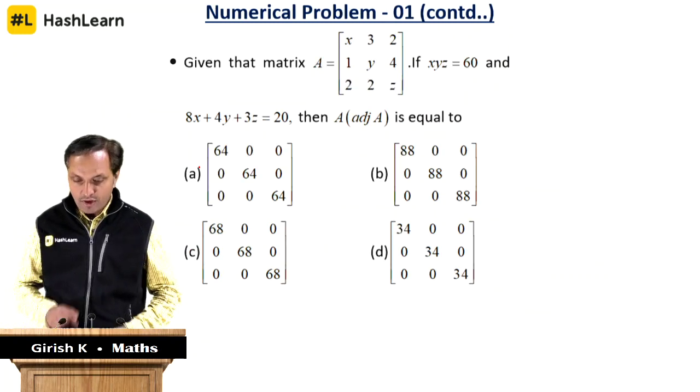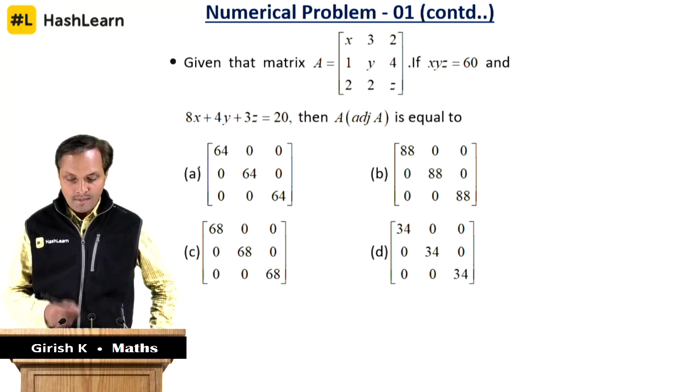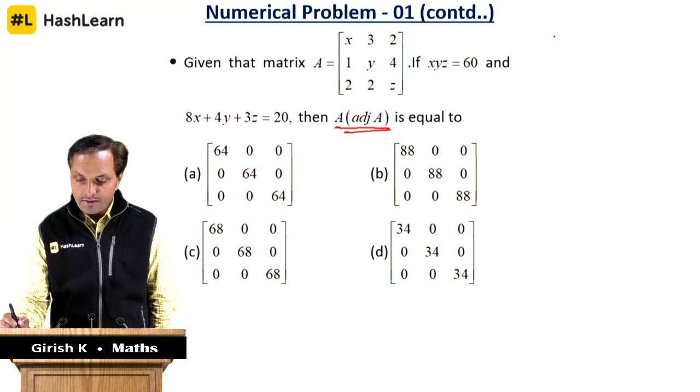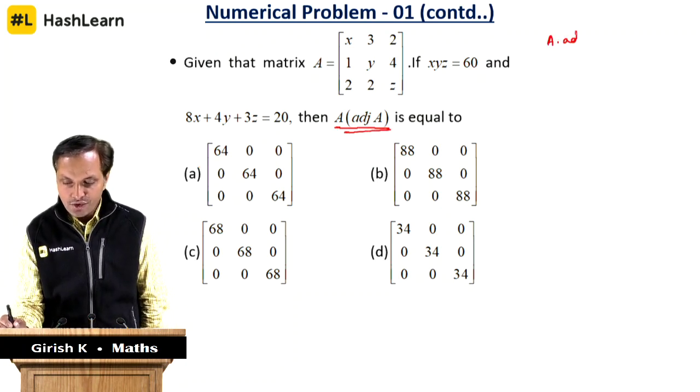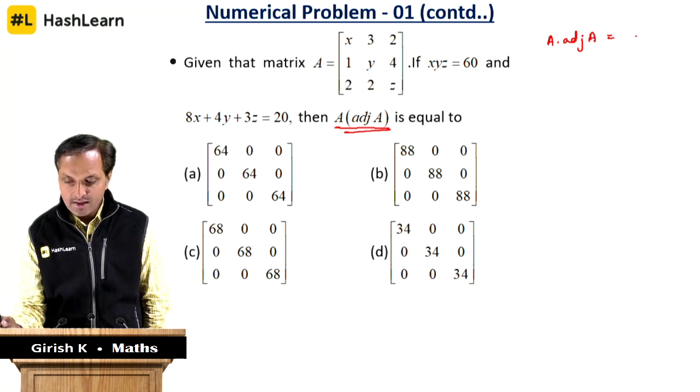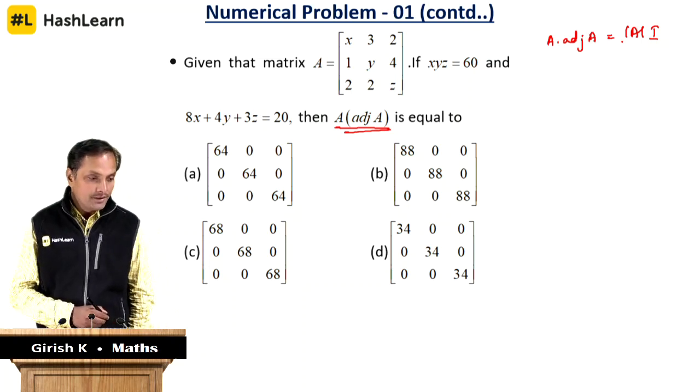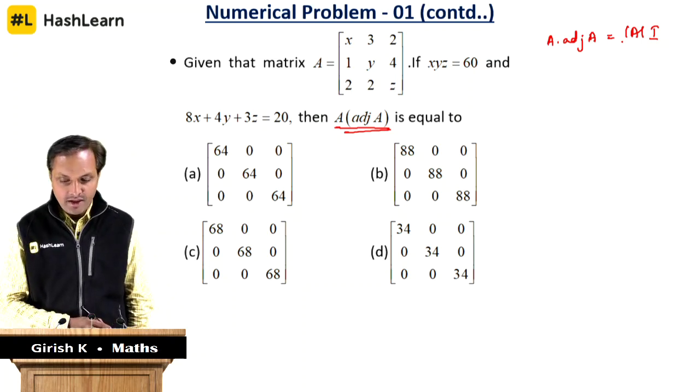Let's see what the option is. See, you know the simple rule which I have given in the last class. A dot adjoint A is nothing but determinant of A into I. Determinant of A into I. What is determinant of A?